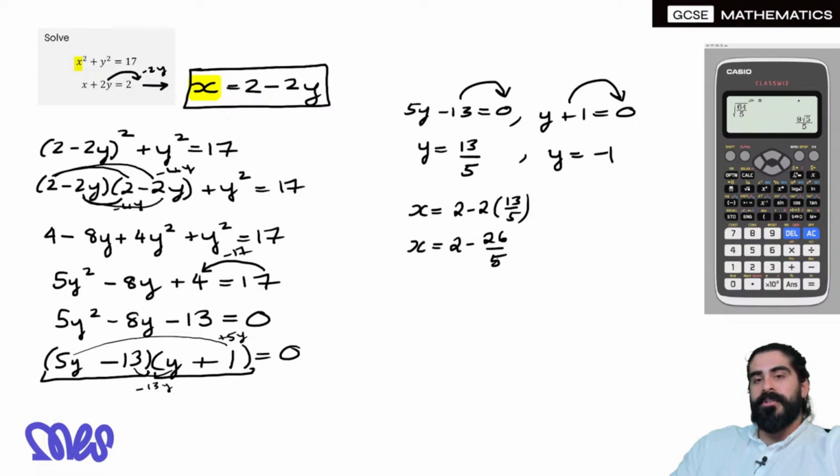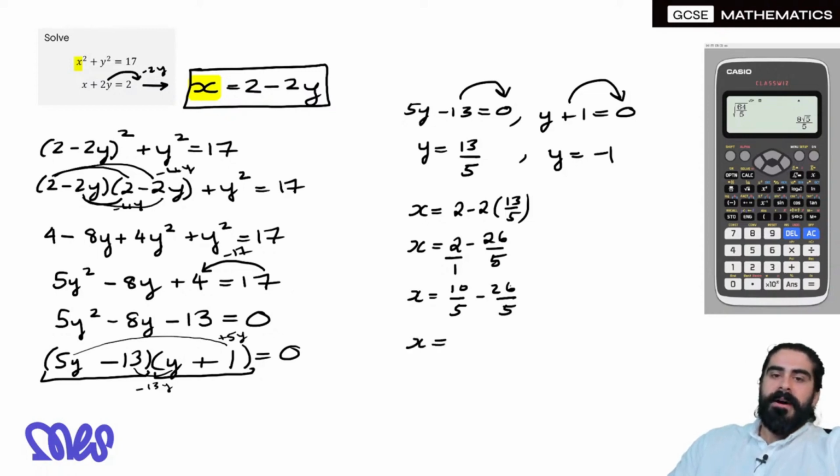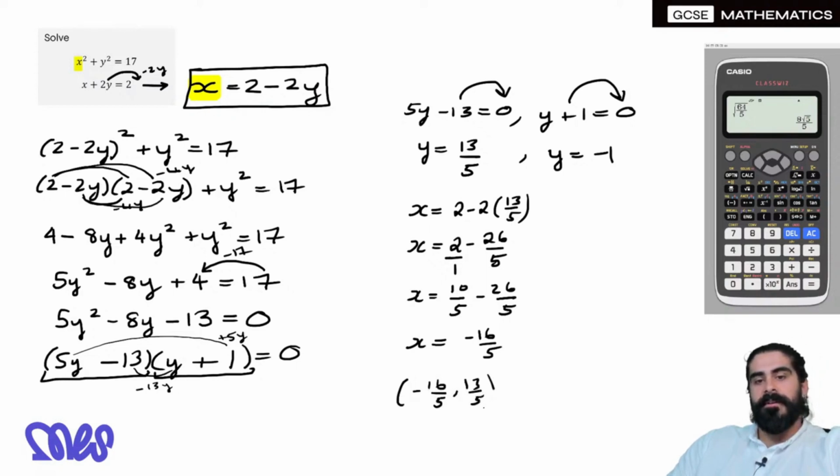When you do 2 minus 26 over 5, you write 2 as 2 over 1. Then you have to times top and bottom by 5. So it's 10 over 5 minus 26 over 5. 10 minus 26 is minus 16 over 5. So the coordinate for this one is minus 16 over 5, 13 over 5.